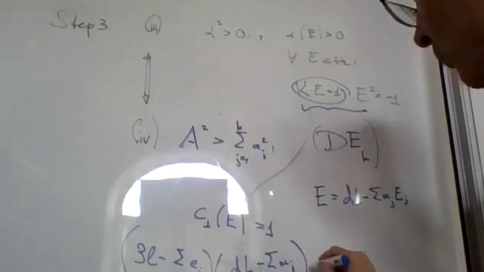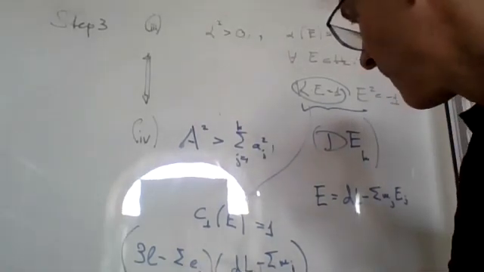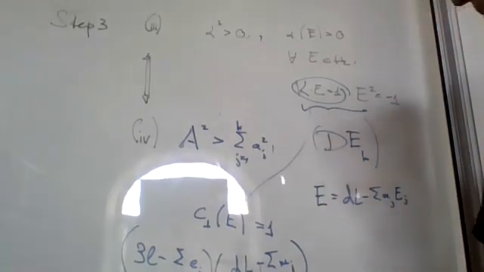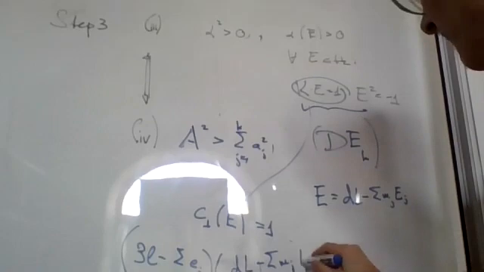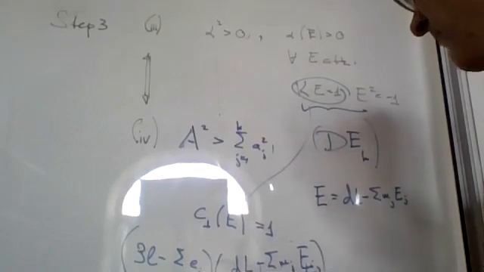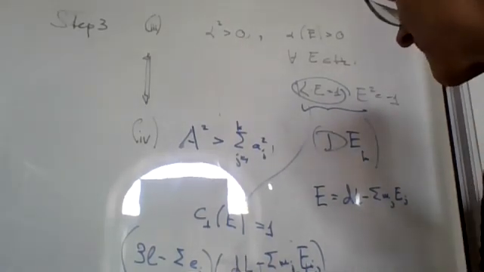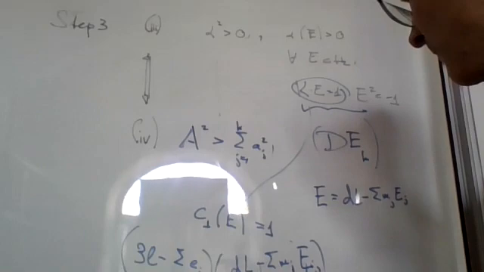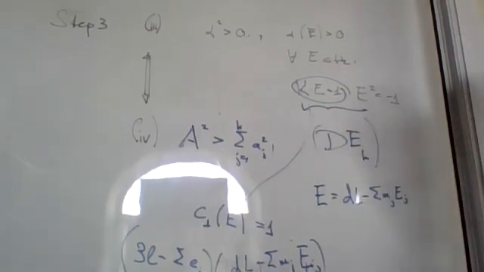Okay, so when you compute this, you get probably 3D, probably minus some M_J, and it should be 1.